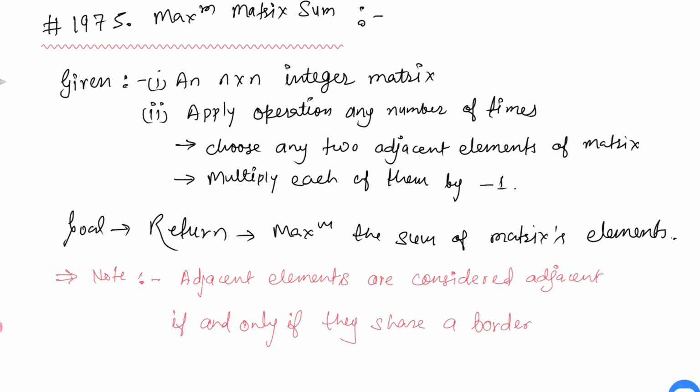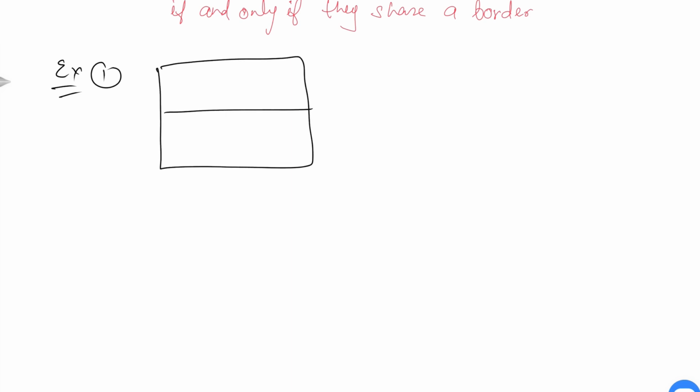Let's talk about a very simple example. In example 1, this is the matrix. It has 1, then -1, then -1, and then 1.